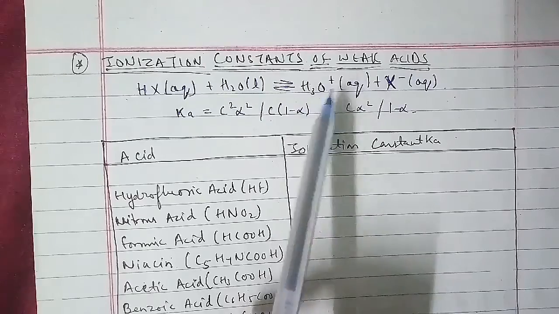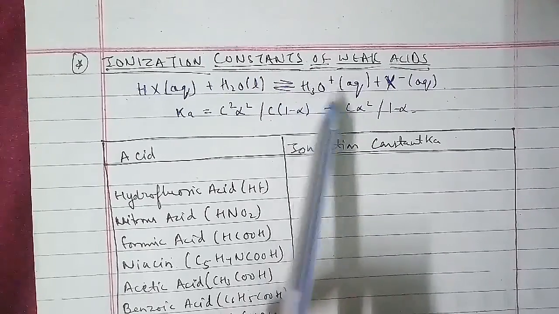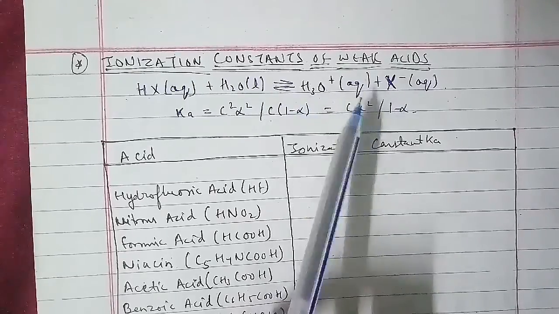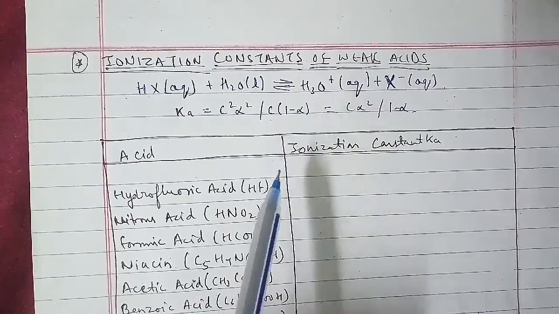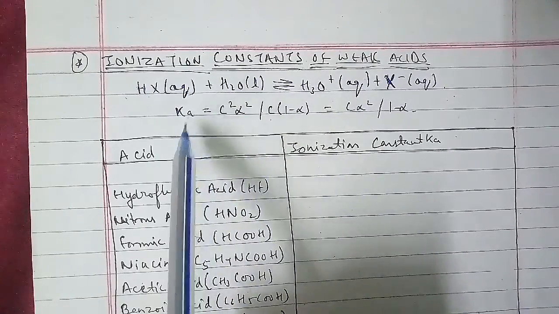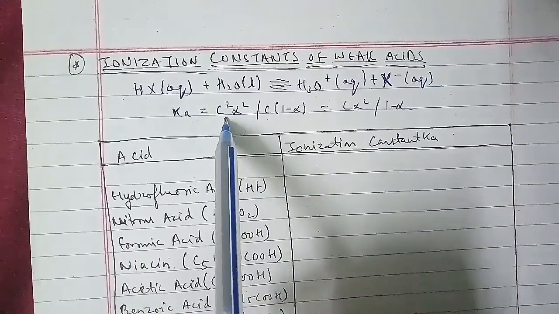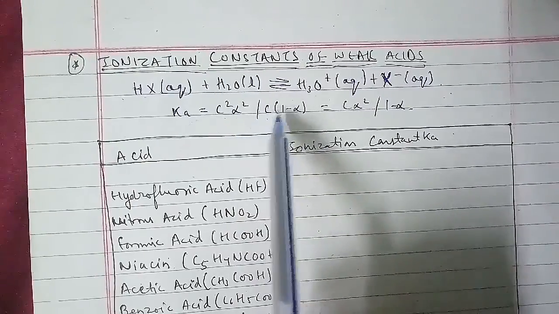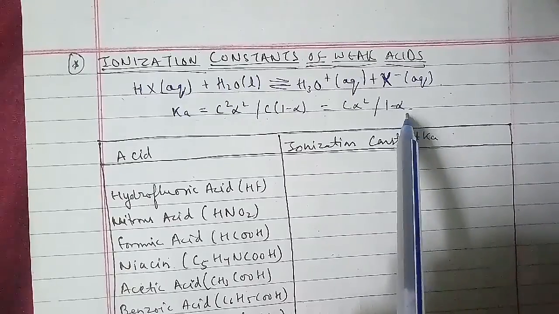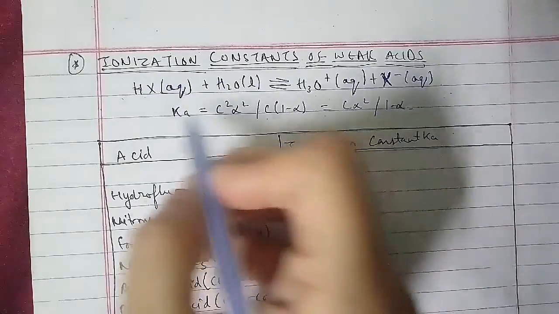This is the representation here. With regard of that, at a given temperature T, Ka is a measure of the strength of the acid HX, that is, the larger the value of Ka, the stronger is the acid. Ka is a dimensionless quantity, with the understanding that the standard state of the concentration of all the species is 1 mole, and the values of the ionization constants of some selected weak acids are as given.